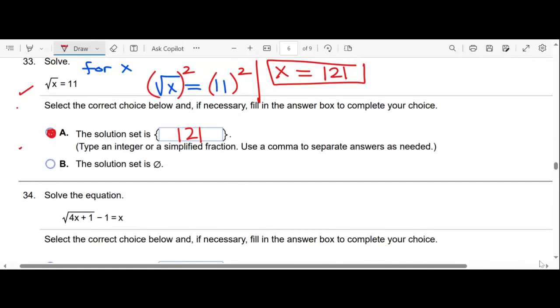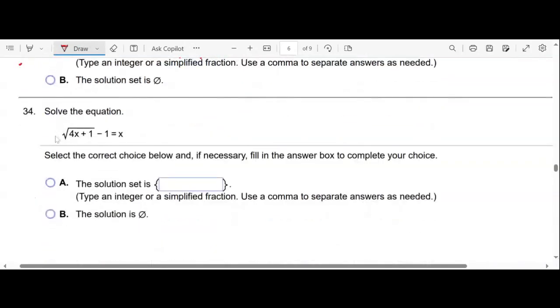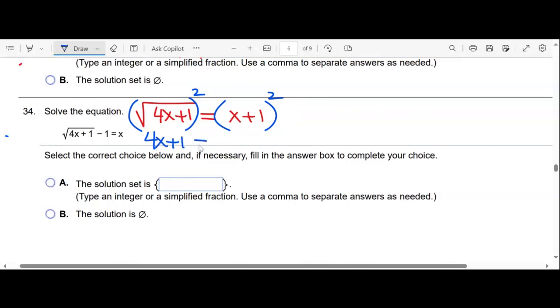Next question, number 34. To get rid of the square root, move the 1 to the other side. What should I do? Square it. If you square one side, so what do you get here? 4x plus 1 equals what?